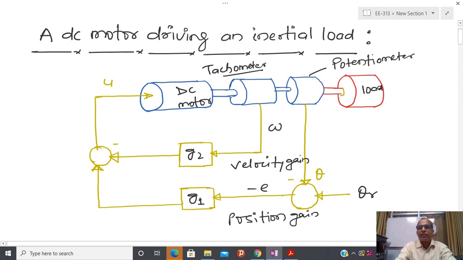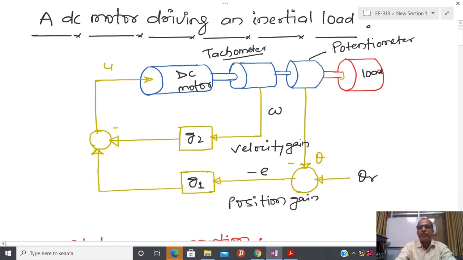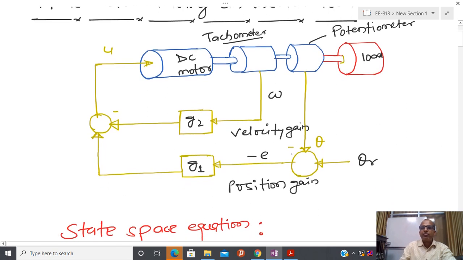Here our control problem is to maintain some constant position theta r. That is my control problem. I have no restriction in terms of velocity, but of course you can assume that I also want to maintain some specific profile of the angular velocity.